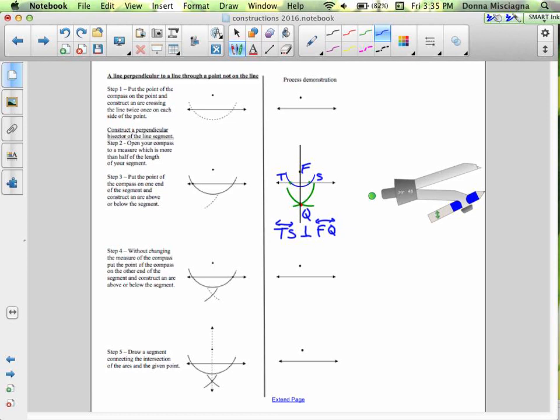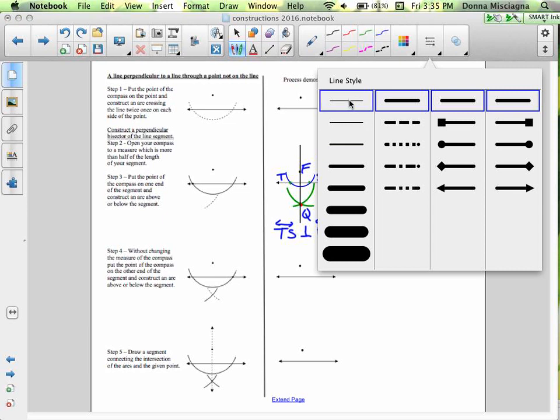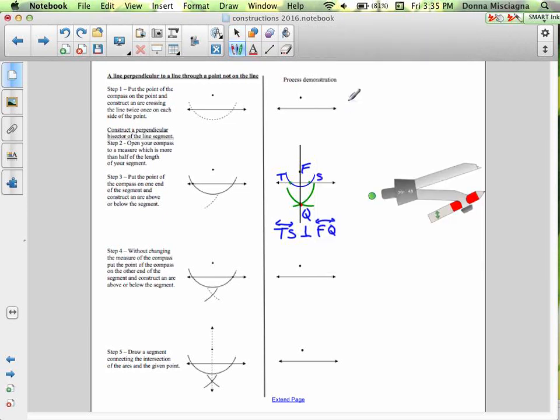And remember, all of these are just radii of congruent circles, or radii of the same circle, right? So, for instance, let me see if I can make my line really thin. So this line here and that line there, those two lines, those are congruent to one another, right? Because those are radii of a circle. So FT, and by the way, those red lines I drew in, that's not part of the construction.